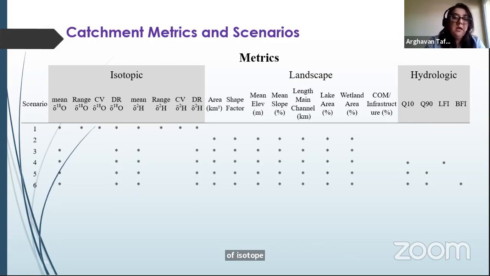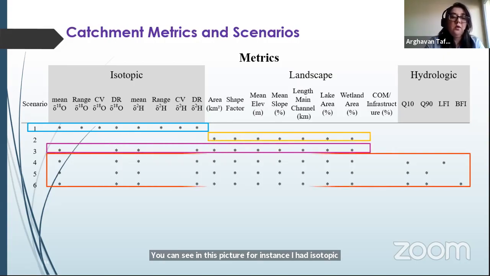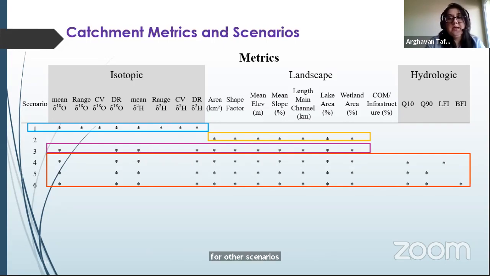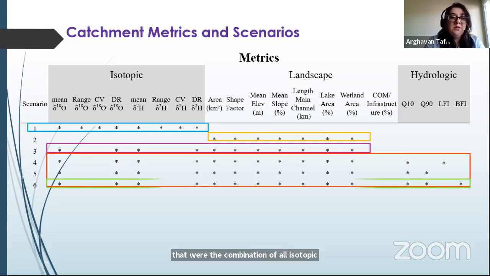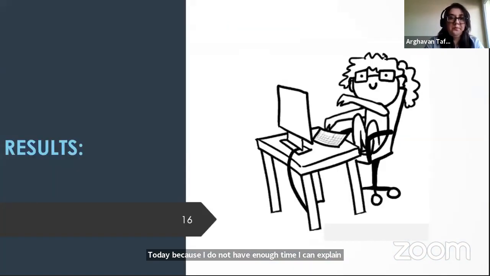For instance, I had an isotopic only scenario, a landscape only scenario, and 4 other scenarios that were combinations of isotopic, landscape, and hydrologic variables. But today, because I don't have enough time, I can just explain the 3 most important scenarios: isotopic only, landscape only, and the most comprehensive combination of all variables together.